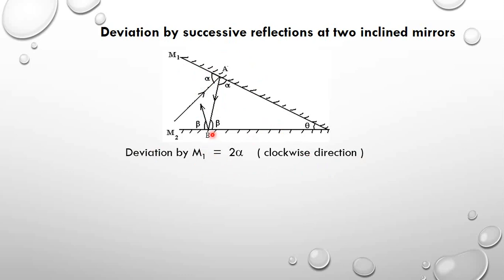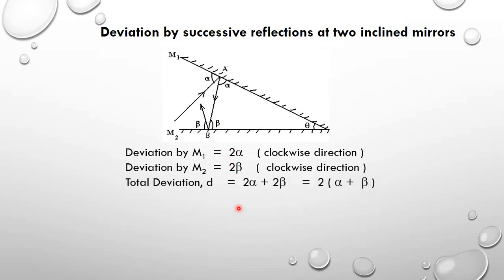Also, the deviation at M2 is going to be given as twice beta, since its glancing angle is beta. If we want to get the total deviation, we shall add the two deviations, and therefore we shall get twice (alpha plus beta), still in the clockwise direction. Now from the geometry of the figure, alpha plus beta plus theta is equal to 180, because they are interior angles of a triangle.